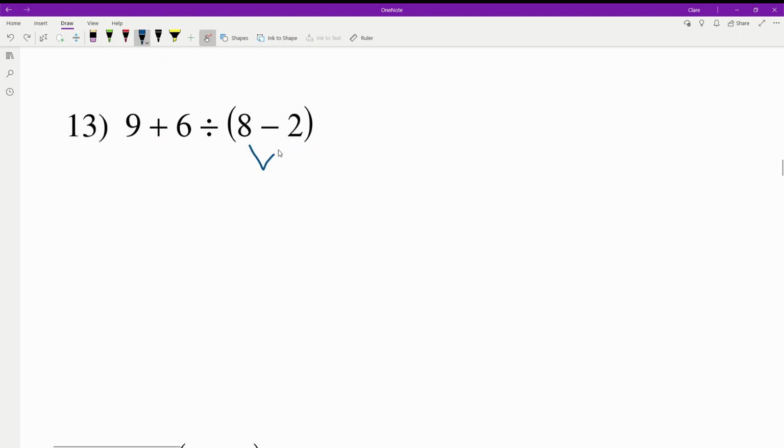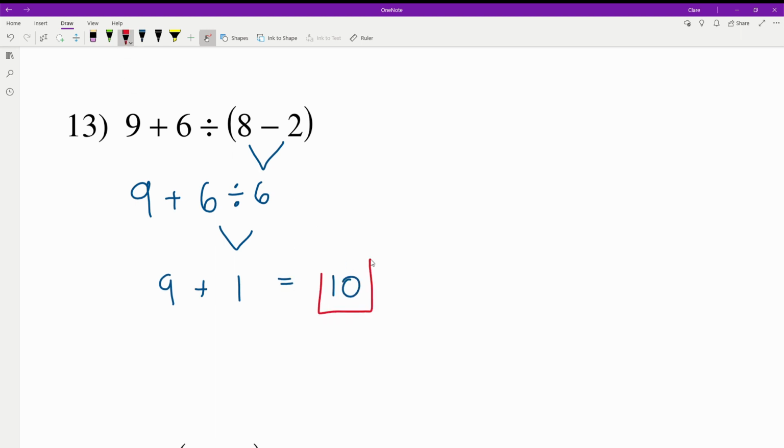So doing 8 minus 2, we'll get 6. So we have 9 plus 6 divided by 6. Now, what comes first? Addition or division? Division, right? So 6 divided by 6 gives me 1. 9 plus 1, that's going to be equal to 10. 10 is my solution in number 13.